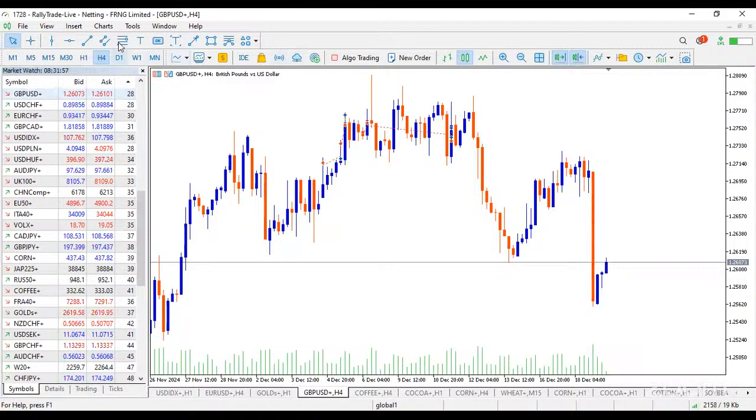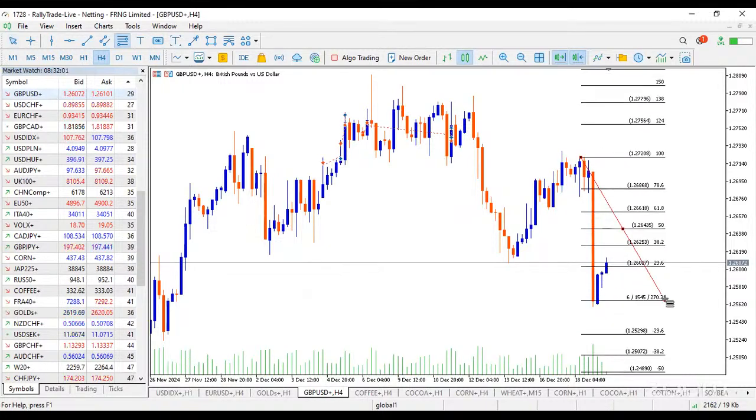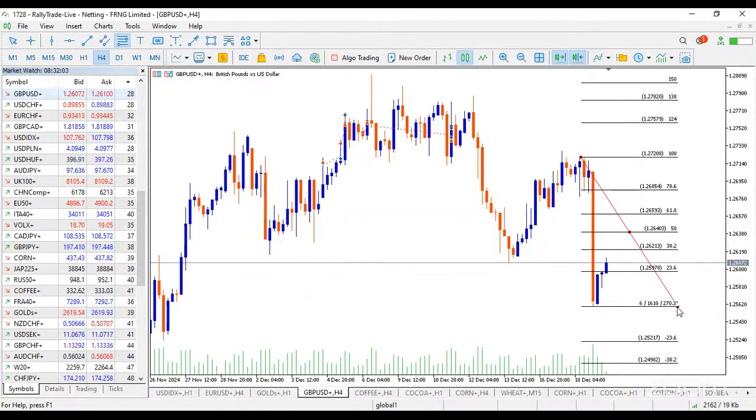How many percent has the market done there? The market has done 23%. It has not done up to 38%, as you can see there.